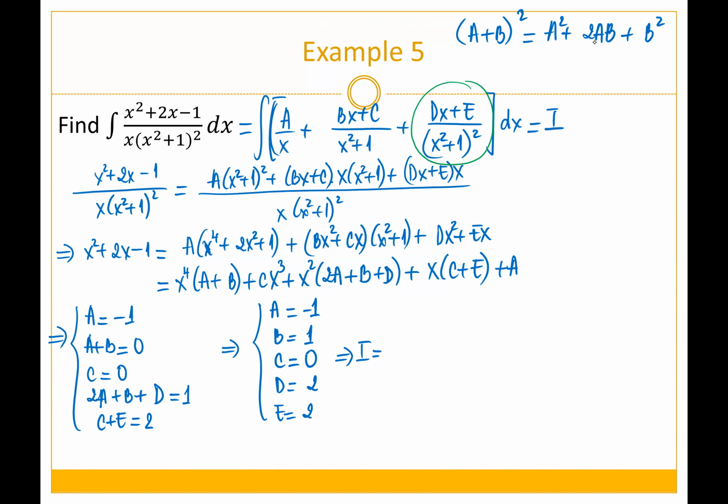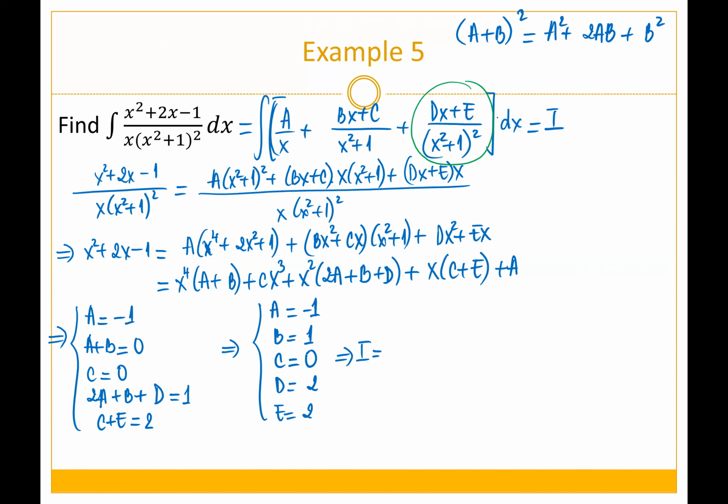The form is similar, both are linear, but the coefficients are different. If you solve it and look at the result, you can clearly see that bx plus c is x plus 0, but over here it is 2x plus 2. So it's a completely different thing.